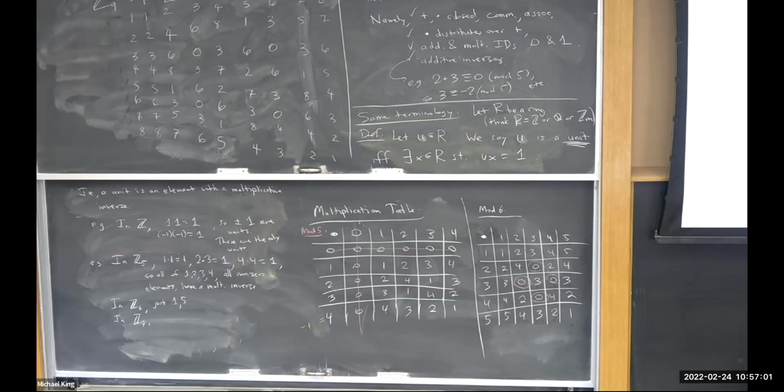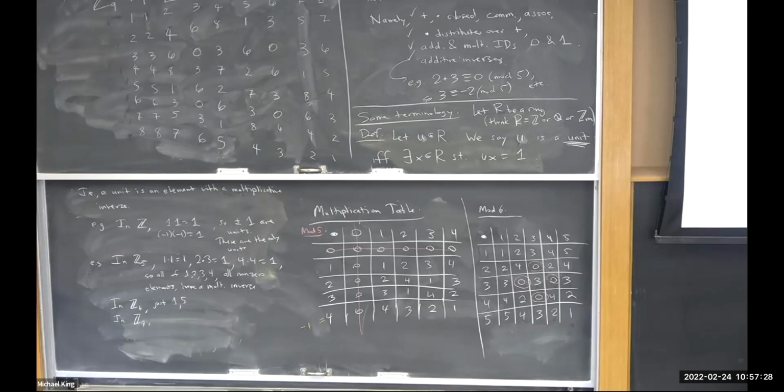Something to do with whether it's a prime mod or not. But in general, how do I know? I claim 3 is a unit in mod 7. Why is that true? Because there's a 1 in the row. Exactly. 3 times 5 is 1 mod 7. So 3 is a unit.